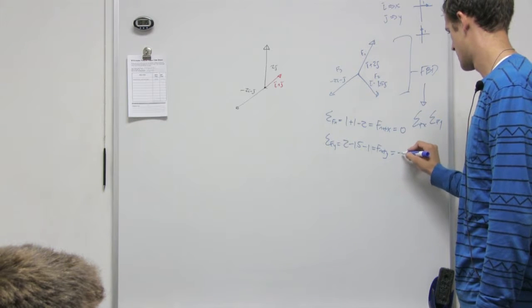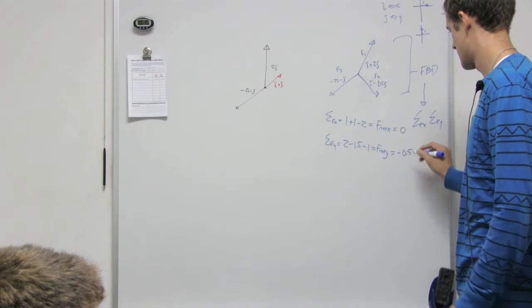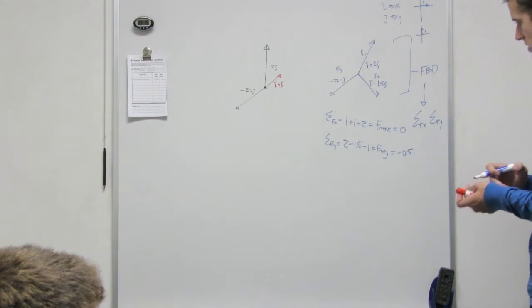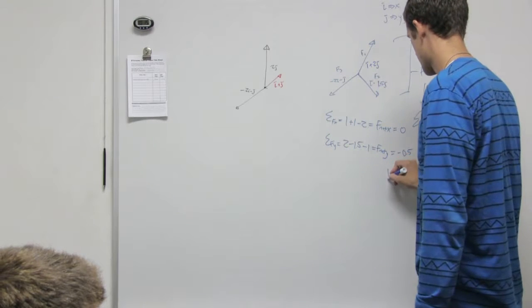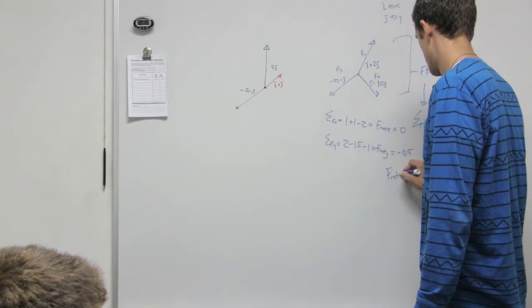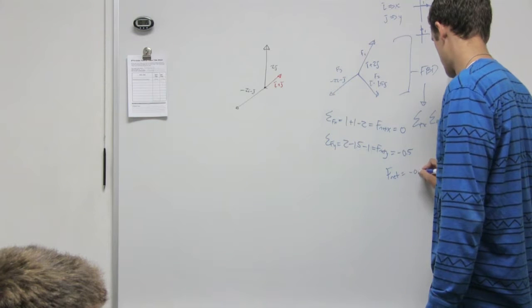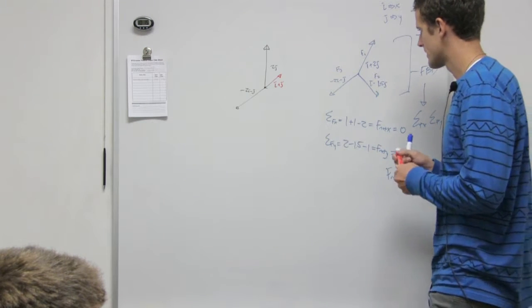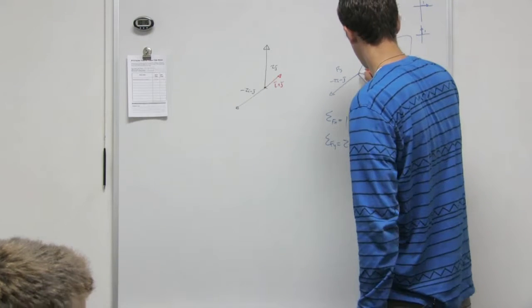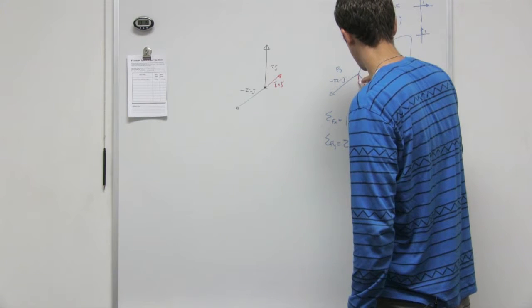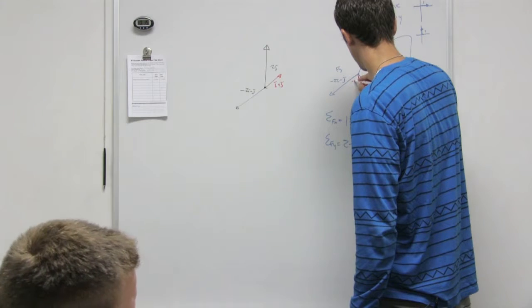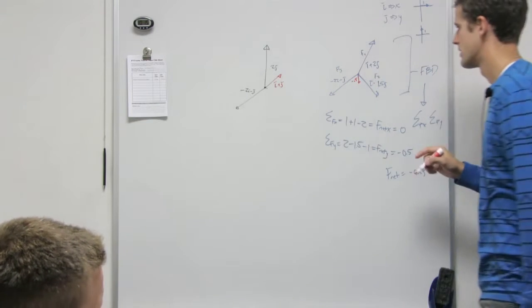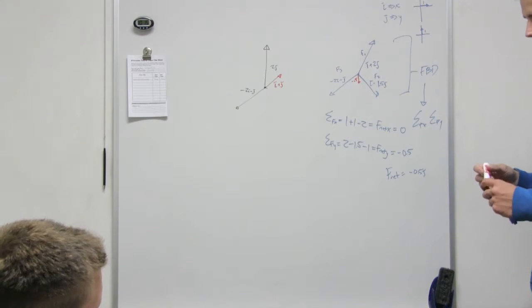Negative 0.5. So your net force vector would be equal to negative 0.5j. You could draw that straight down, negative 0.5. So that would be your net force.